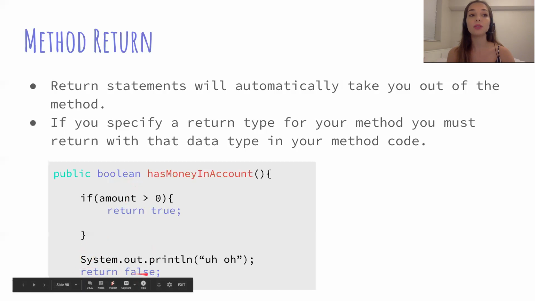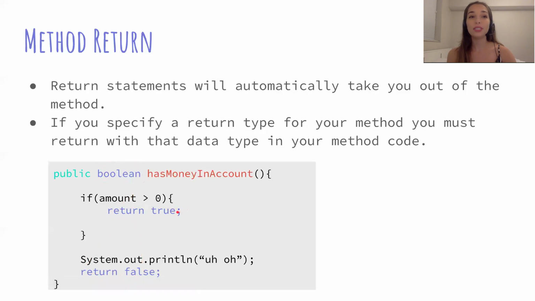So if you forgot to put this return false, Java's going to say, hey, wait a minute, if amount is zero or less than zero, we're going to be in a scenario where we're not going to return out of this method, and you specified that this method does have a return no matter what. So in that case, you will get an error.